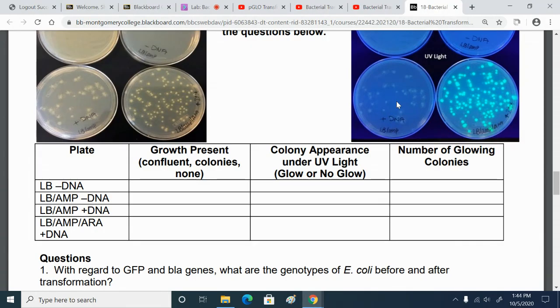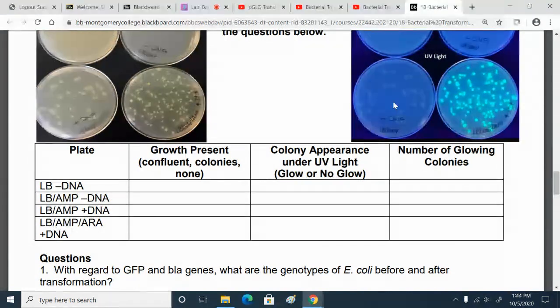Is it because it's the plate that contains the antibiotic? No, these bacteria are producing green fluorescent protein. These bacteria are not, but genetically they're identical.